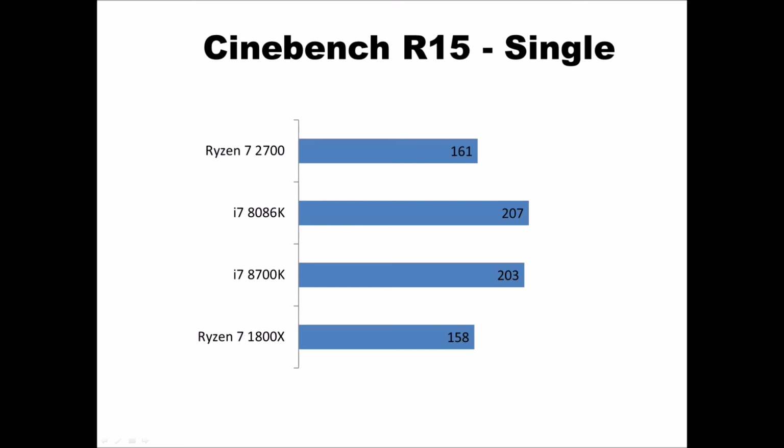As we can see, we're getting a very similar score here, a difference of only 4 points, which can be discounted to frame variance between the two. So both CPUs again here are very, very similar, as we also see with the 2 Ryzen 7s actually as well. However, both these i7s beat out both the Ryzen 7 2700 and the Ryzen 7 1800X.